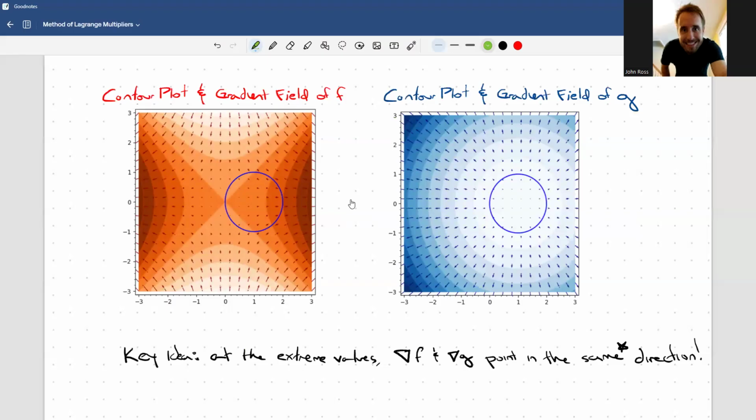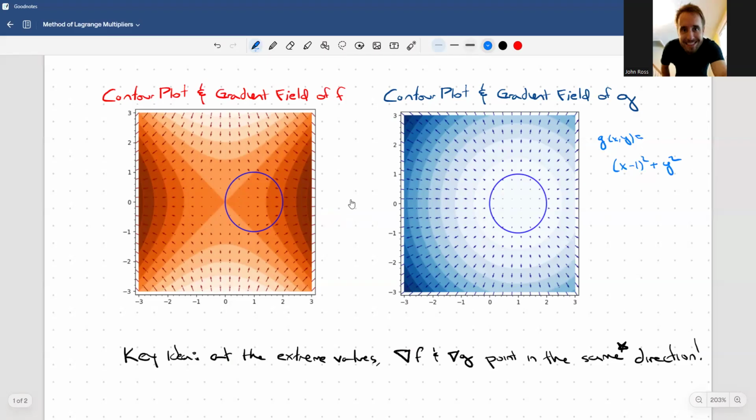And remember, in this example, g of x, y was simply equal to (x minus 1) squared plus y squared. So this is a paraboloid shape that happens to be centered at the point (1, 0). So we expect our level curves to be concentric circles centered at the point (1, 0).